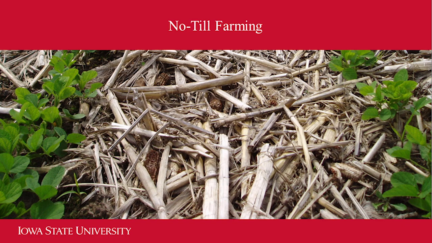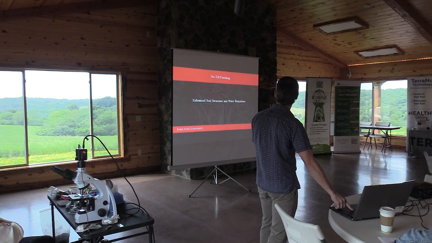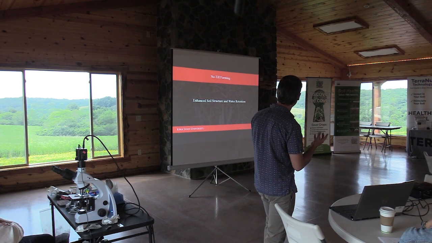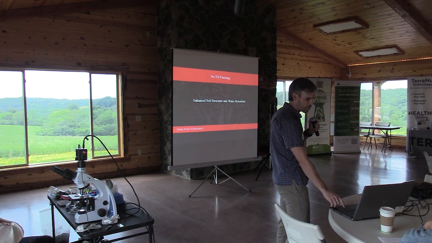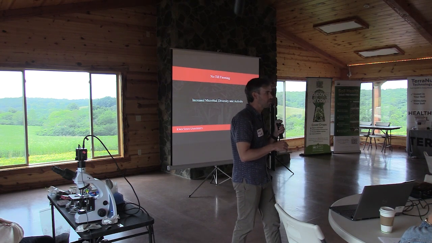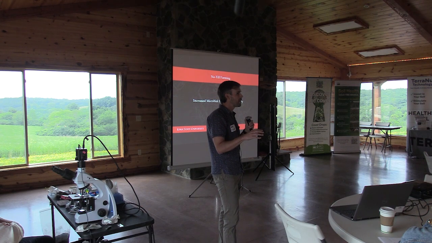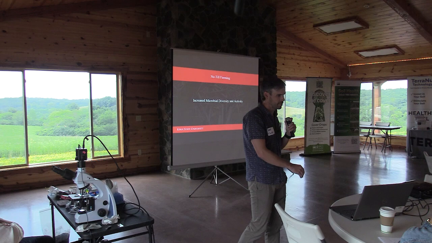So no-till is a great way to maintain soil structure, enhance soil structure and water retention, so we keep those pore spaces. A lot of our bacteria also live in a wet environment, so the more water they have present, the better off. And all of this leads to more microbial diversity and activity. The more diverse our microbiome is, the better we are going to be to do all the things that I mentioned before.